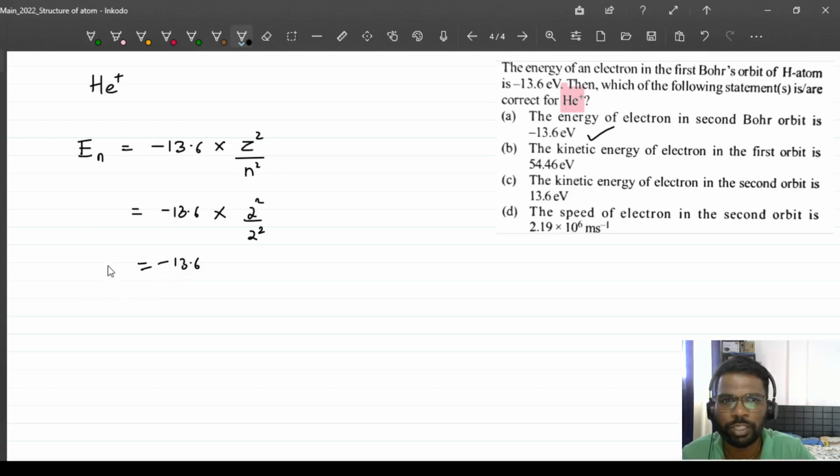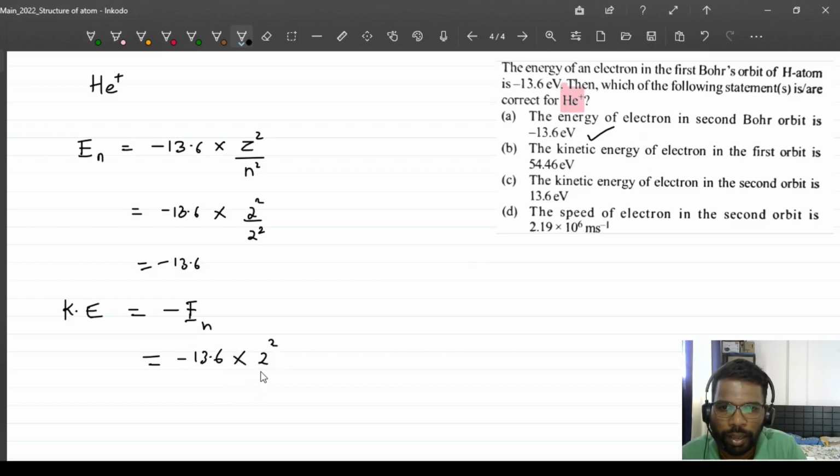When we talk about the kinetic energy, we know that kinetic energy is the negative of the total energy of the electron in the nth orbit. So this is minus 13.6 for the first orbit of helium, meaning Z will be 2 square and first orbit means n is equal to 1 square, which will be 1.